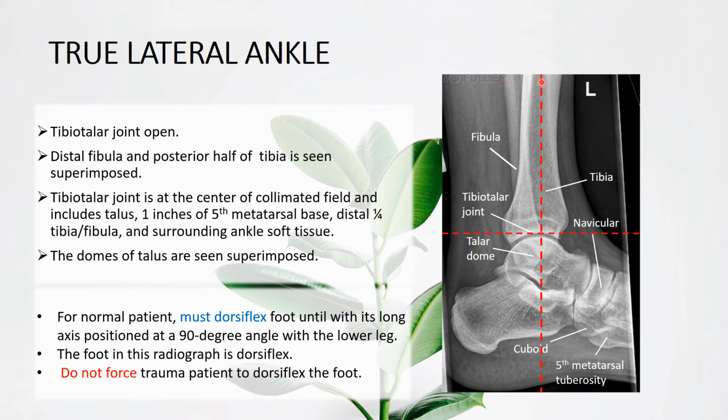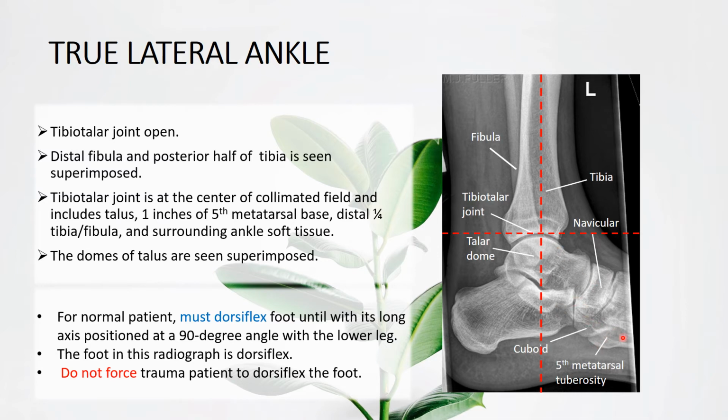It must be the posterior half, not the anterior half, of the tibia. The fibula must be seen superimposed on the posterior half of the tibia. The third point is the tibiotalar joint, which is here at the center of the collimated field, and the talus is included.